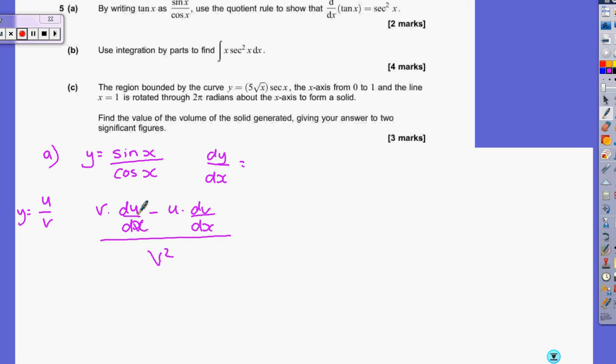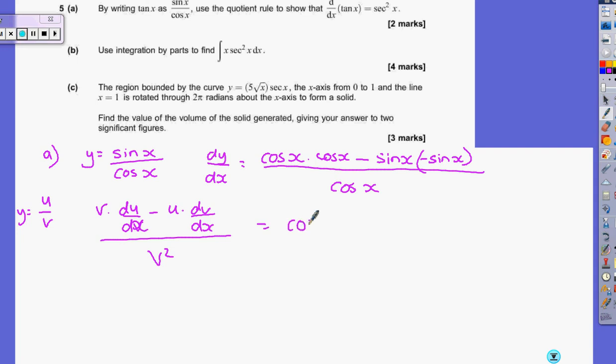So I'm going to do it as I've just said. So the bottom term times the differential of the top, so sin goes to cos, minus the top term, which is sin x, times the differential of the bottom, so cos goes to minus sin, all over the bottom one squared.